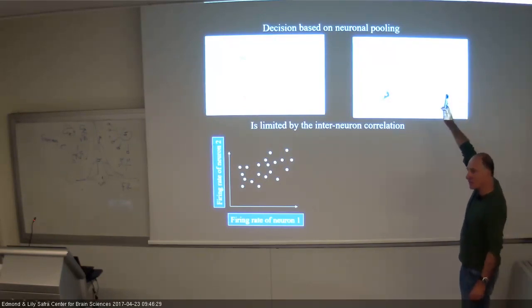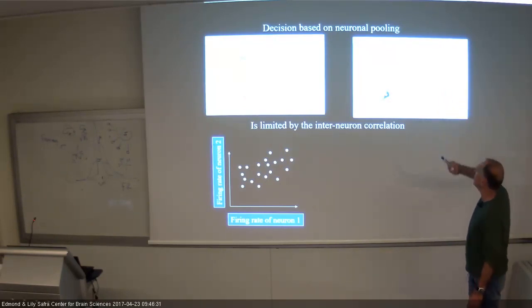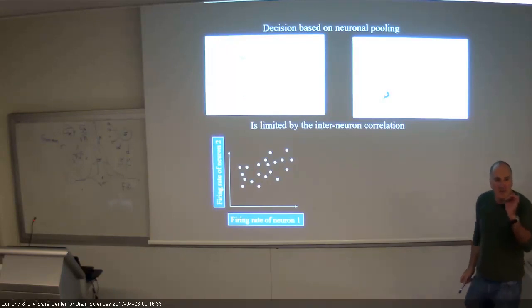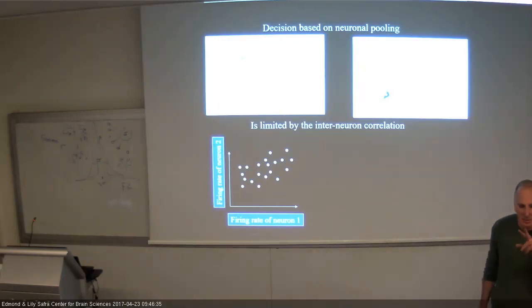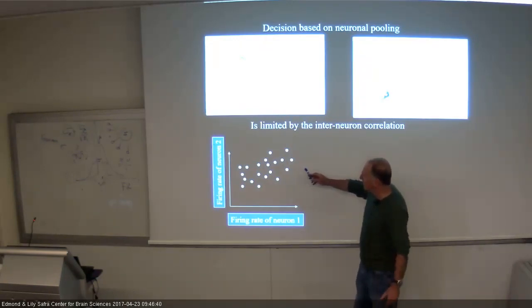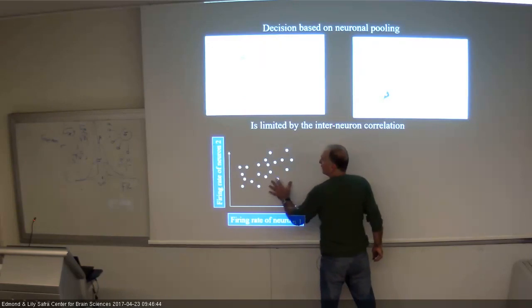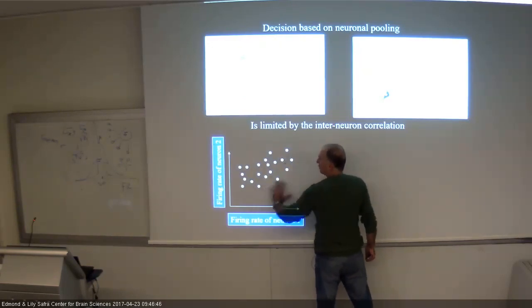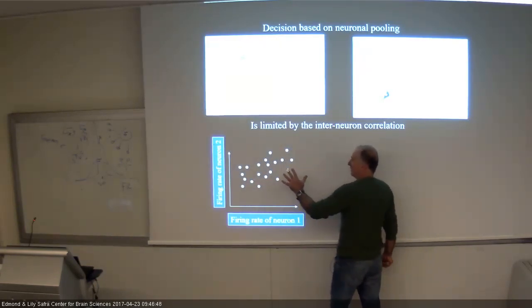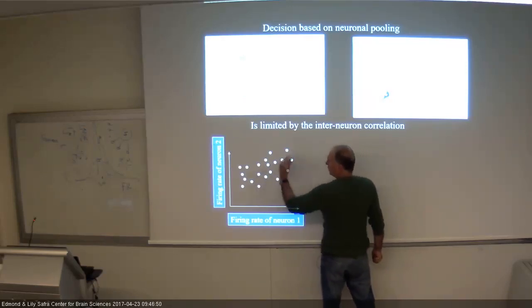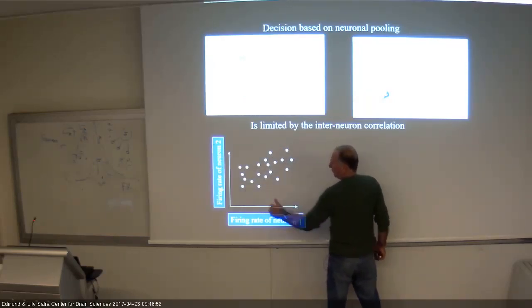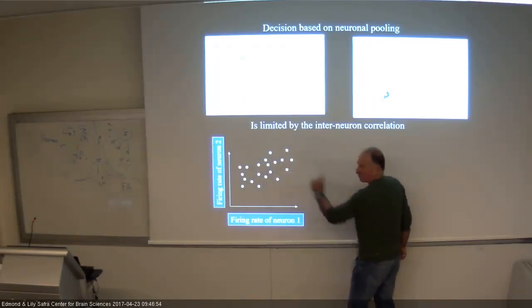I don't have time to get into the full details of this. What happens if you have very, very slight correlation between the neurons? As we see here, it's not completely uncorrelated. Completely uncorrelated would be a 2D Gaussian cloud with no correlation between the 2 points, and you see that there's some slight positive correlation.